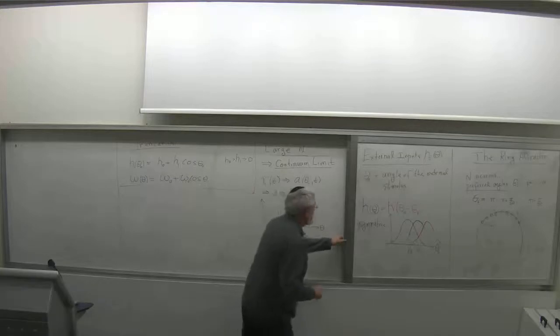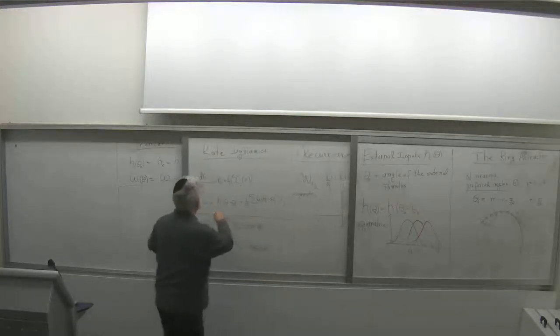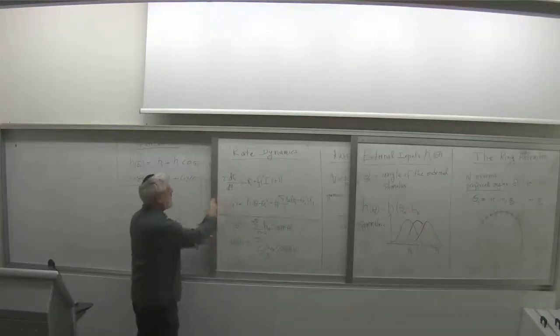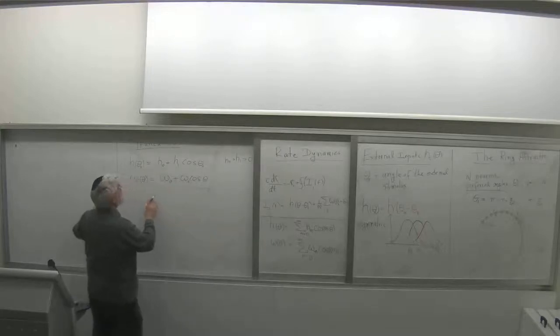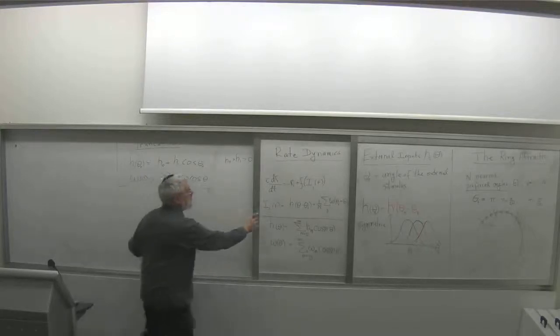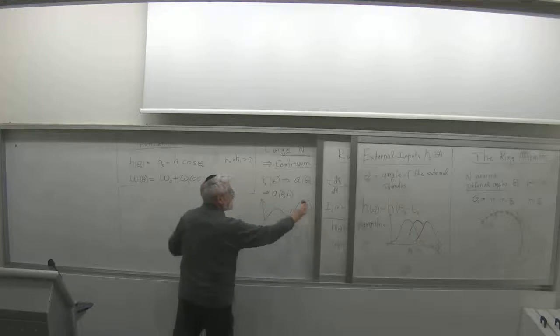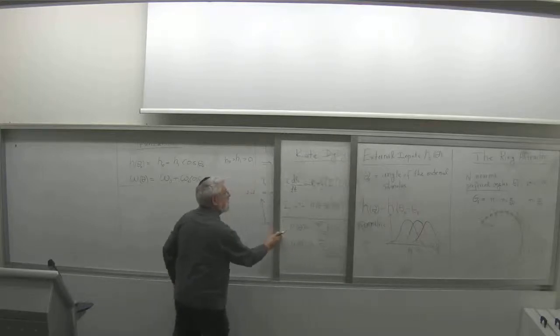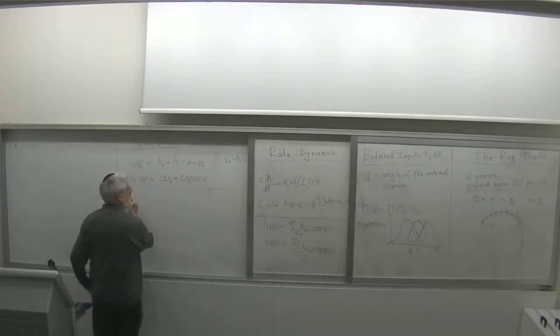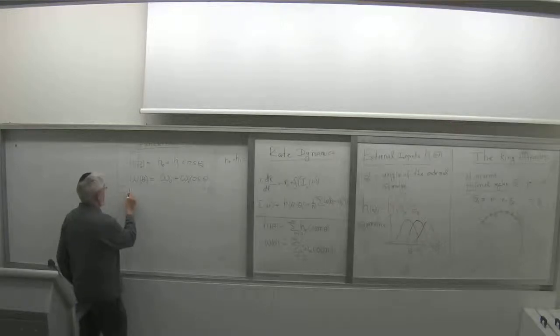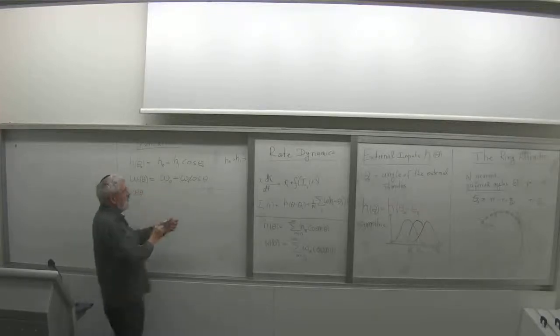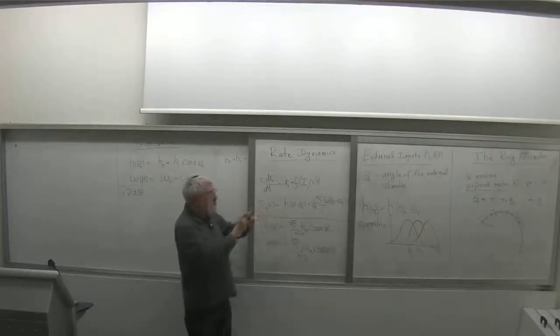So let's see, you'll see what I do. Instead of writing this equation here, I'm writing essentially a partial differential equation: tau dA, where now the activity profile is a function of two variables, time and space.